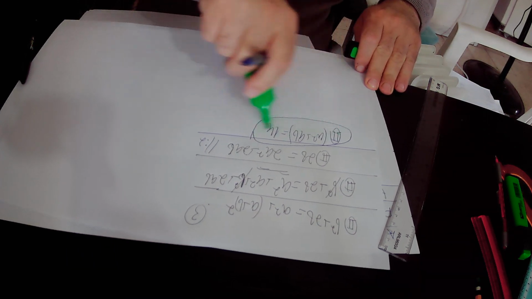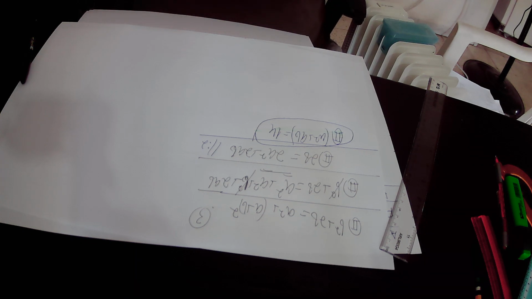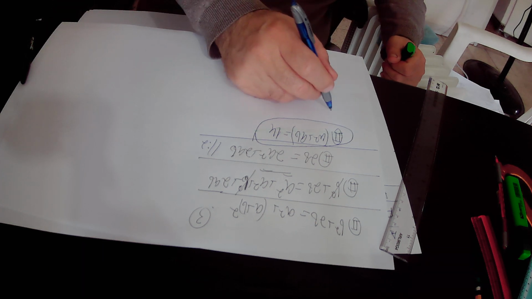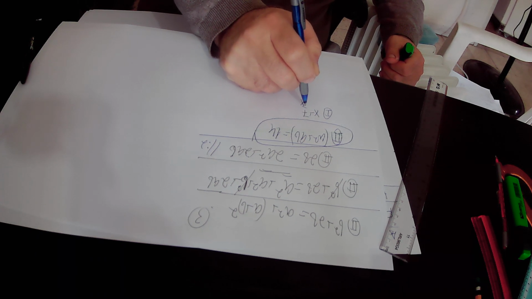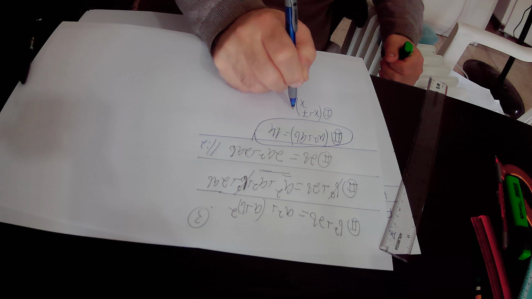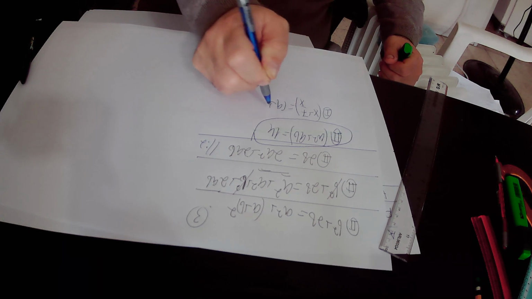While according to equation 1, we have already found out that 7 over x plus x equals a plus b. So these are the two equations that we have here.